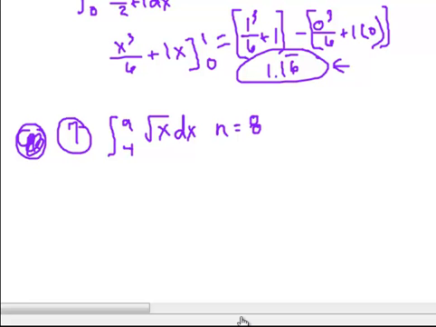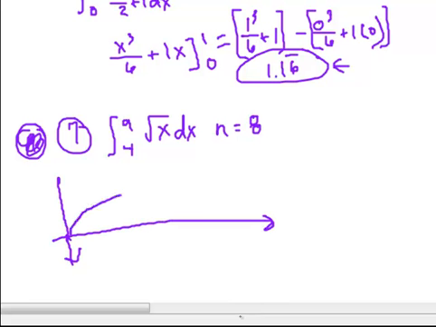Okay, for number 7, I need you to be very careful when you graph this. So I'm going to draw a very rough sketch of this. But you're going to have something like this. Alright, there is your function.